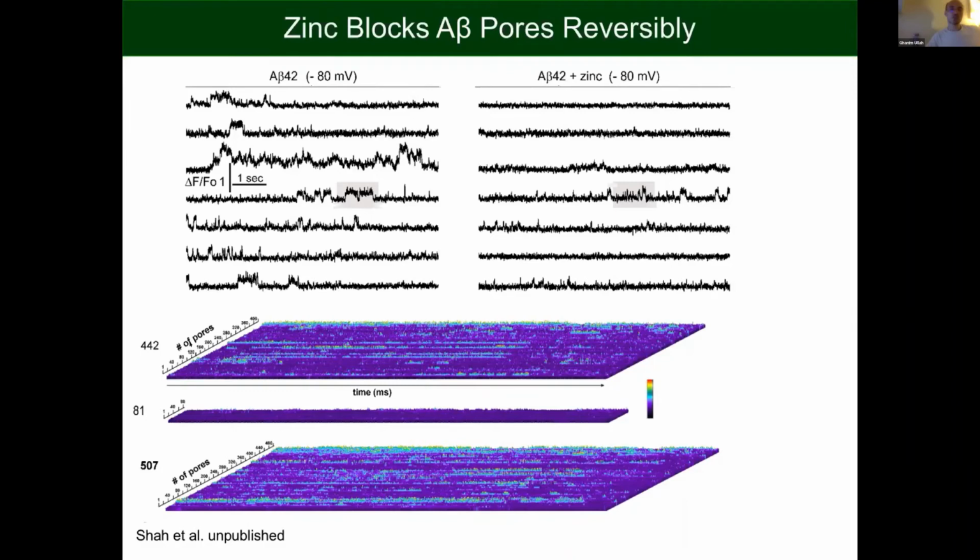Here on the x-axis you have time, and on the y-axis the pore numbers, up to 400 pores, and the bright spots represent that the pore is open. You see a lot of activity as a function of time, but when you apply zinc, the activity goes away. You wash out zinc, the activity comes back.